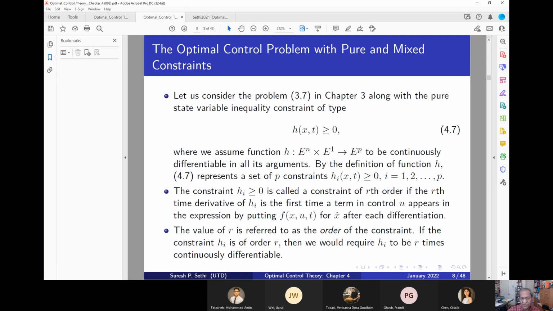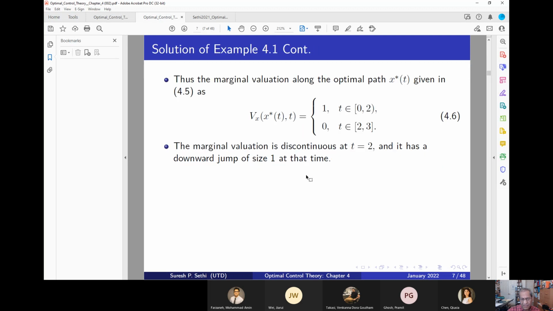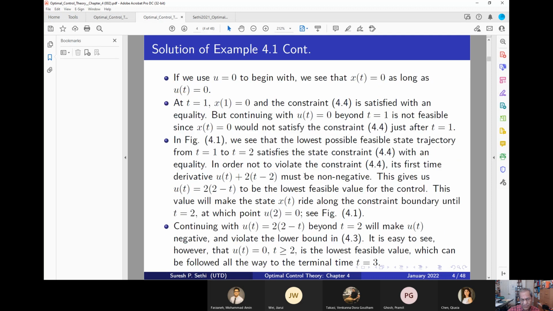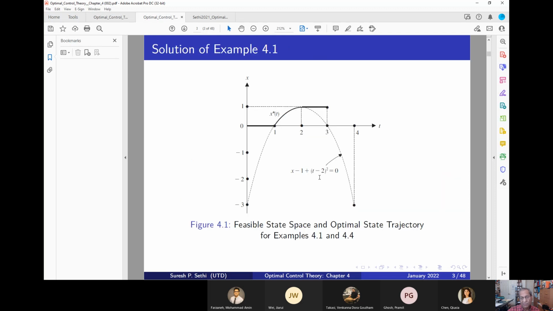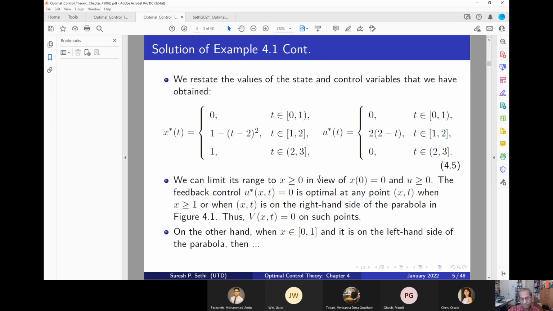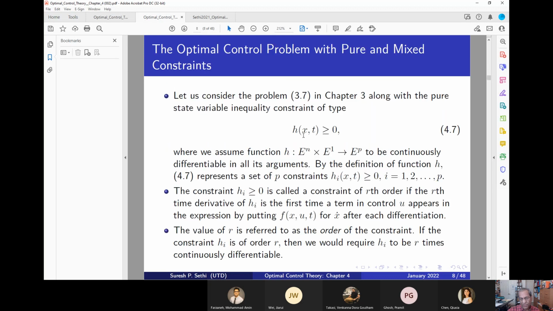This is the kind of constraint that we want to impose, the constraint whose generalization is h(x,t) bigger than or equal to 0. And then you can put some conditions on this function, which is a vector. So this is standard, okay?